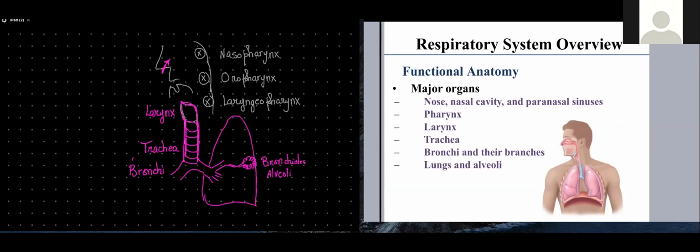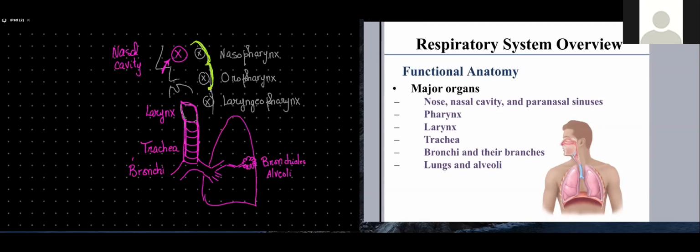So again, nose, nasal cavity, then the part of the pharynx located posterior to the nasal cavity is going to be my nasopharynx. Then the part of the pharynx located posterior to the oral cavity, this is my oropharynx.